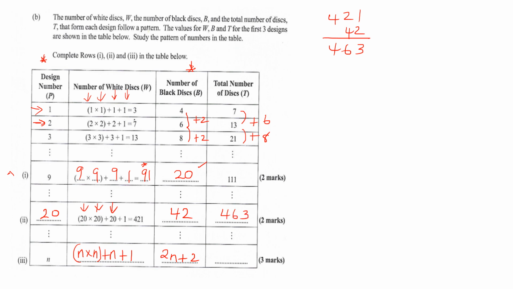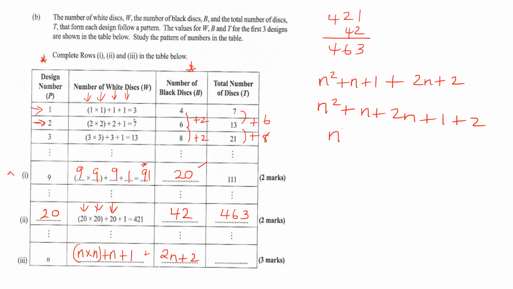Okay, so now what's the formula here? We're adding these two. So we're going to get n squared plus n plus 1 plus 2n plus 2. So that's n squared plus n plus 2n plus 1 plus 2.